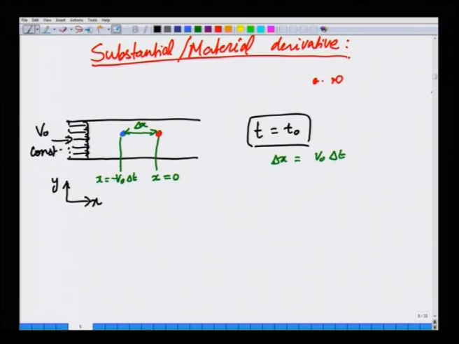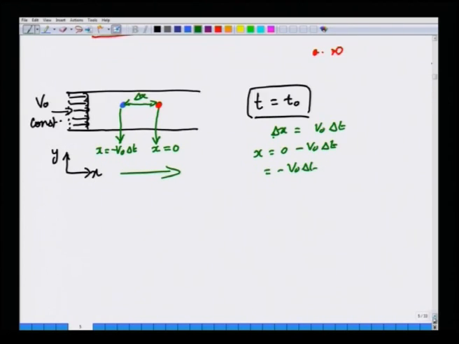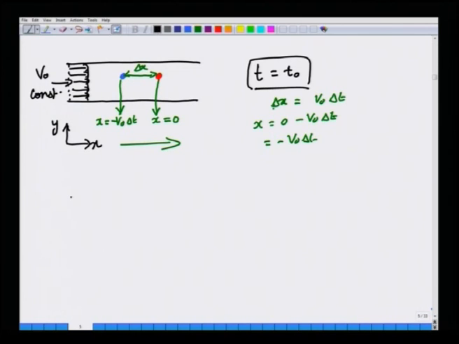The red particle is situated at x equal to 0, and the blue particle is situated slightly behind, since x is positive in this direction. So, this is at a distance minus delta x, and since delta x is v0 delta t, x is 0 minus v0 delta t. This is slightly behind the red particle. Now, at a later time, imagine after a time t naught plus delta t, what would happen?